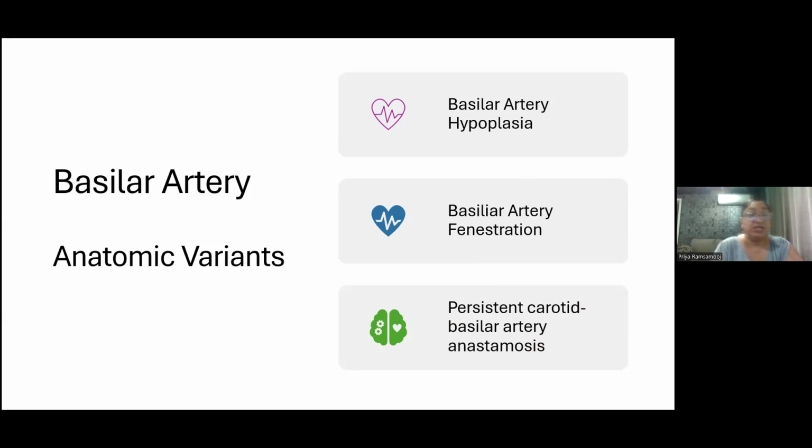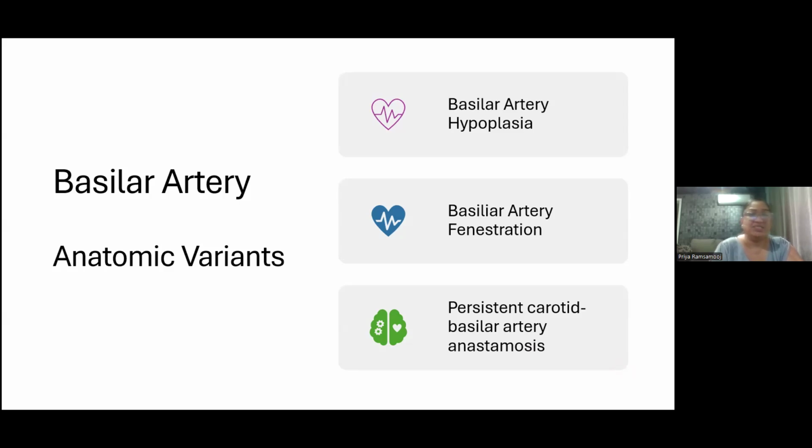What I want you to take away from this slide in terms of anatomic variants and the basilar artery is basilar artery fenestration. Why? Because it is the most common intracranial arterial fenestration. It is the most common congenital anomaly of the basilar artery. If you don't remember anything about the anatomic variants, at least remember that basilar artery fenestration is the most common congenital anomaly.